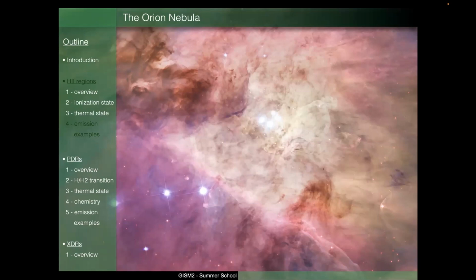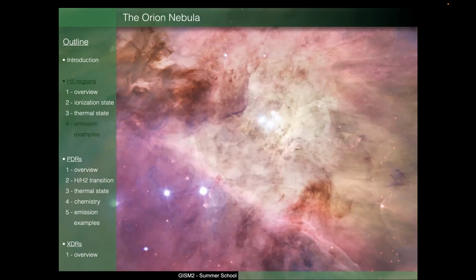So this is the photoionized region or the H2 region of the Orion Nebula, which appears in yellow in this picture. And why in yellow is simply because it's a combination of H-alpha emission, S3 emission, and O3 emission.